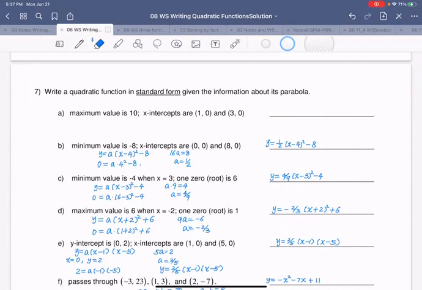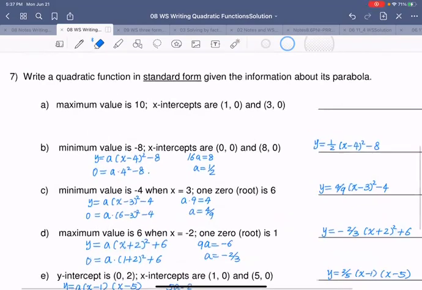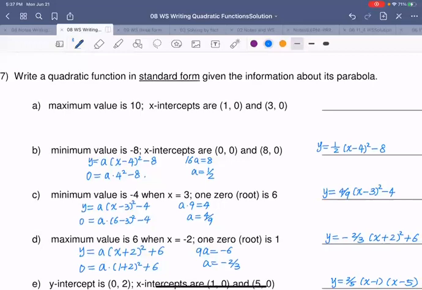Helen, let's do A. Okay. Use root format. y equals a times (x minus 1) times (x minus 3).